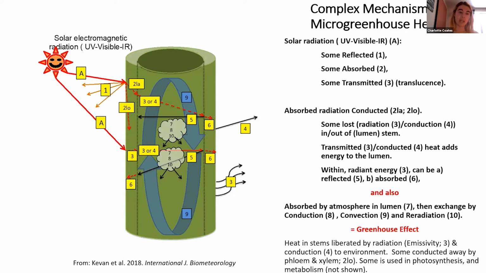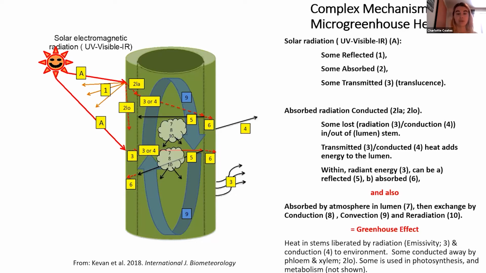So the absorbed radiation can then be conducted throughout the plant tissue. It can be lost into the lumen or into the airspace of the stem, or it can then be transmitted and conducted further. And this heat is adding energy to the lumen, which is the basis of our hypothesis of the microgreenhouse effect, of this elevated temperature within these hollow spaces of plants.